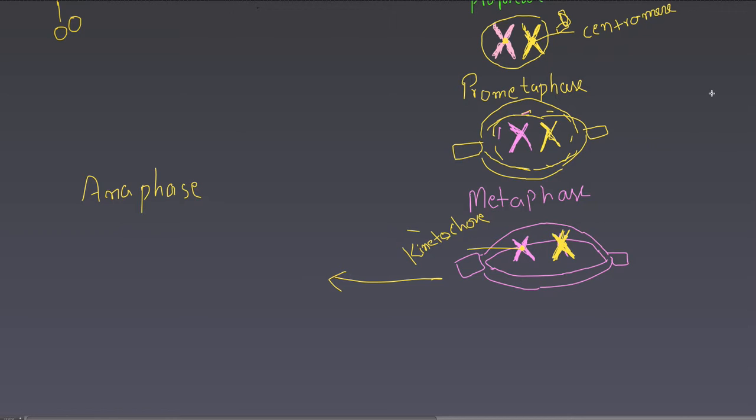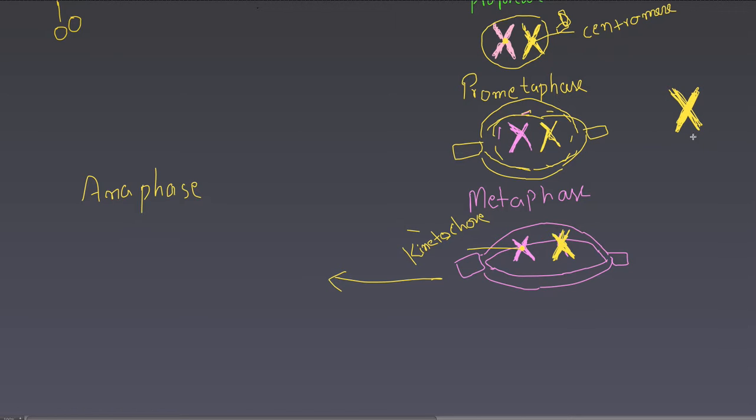So let me just take a little bit of time to explain this. If this is the nuclear material all by itself, in its condensed form, this is called a chromosome. When it replicates and forms this structure, it is still called one chromosome.